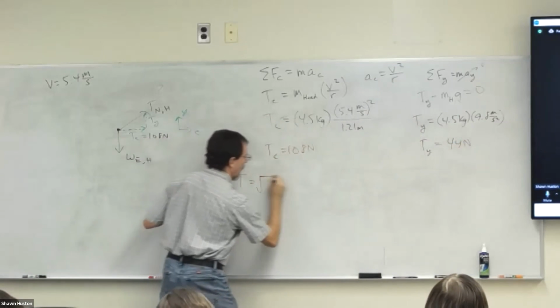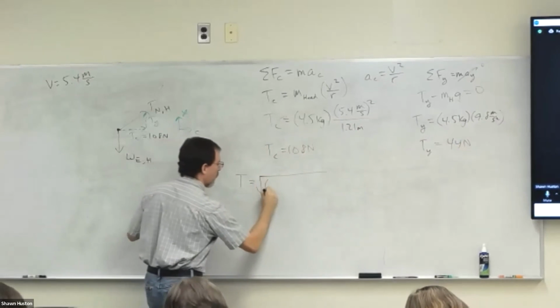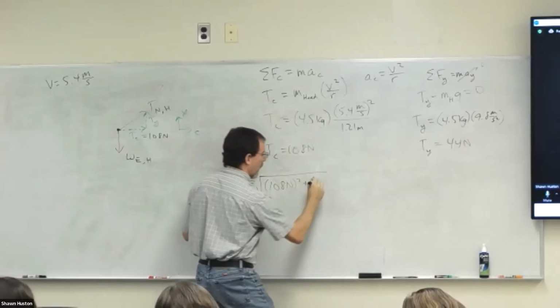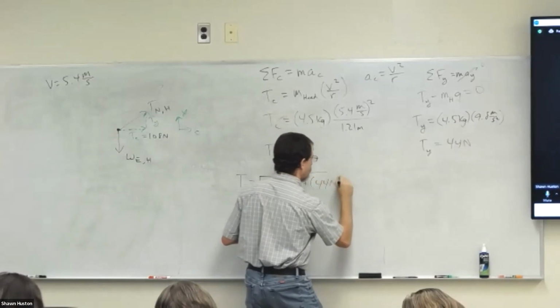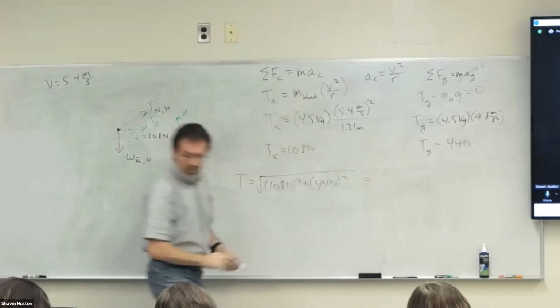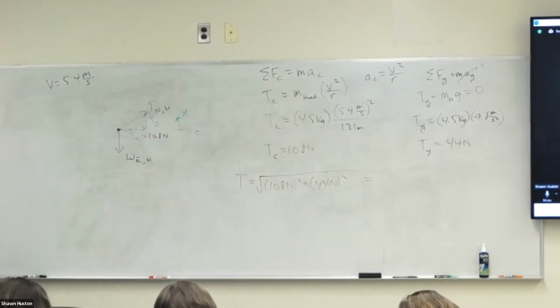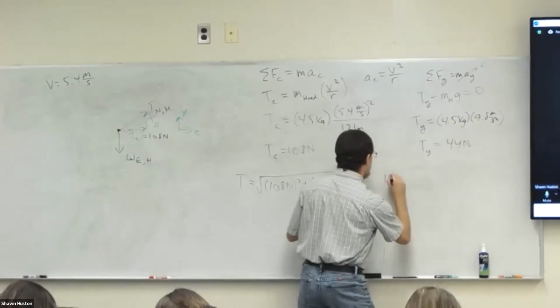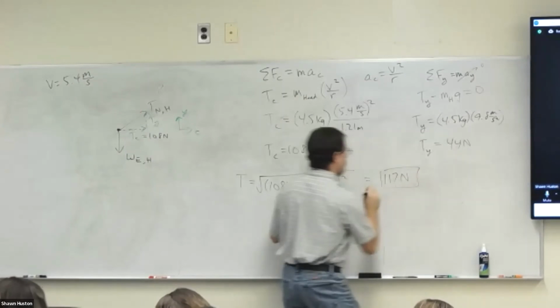Great. Now that we have the components of our tension force, we can certainly go ahead and Pythagoras our way to the overall size of that force. And this looks like it's about 117 newtons. There we go.